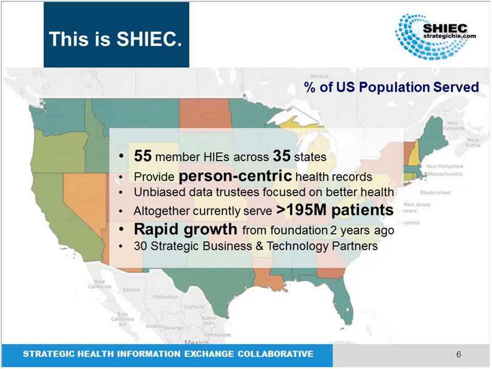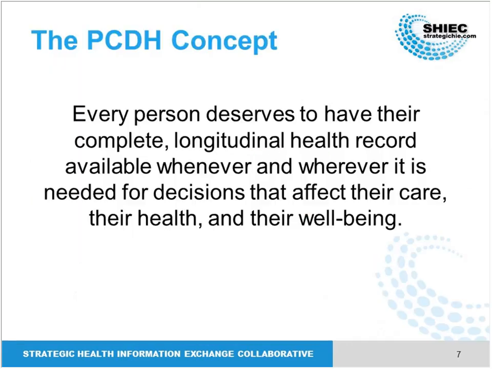And the HIE members today are providing patient records and interoperability services that cover about 195 million patients, which is well over 50% of the population of the United States. Like I mentioned, we're only about 2.5, 3 years old, and we're growing very, very rapidly. So what we try to do is be an unbiased community data trustee of health information for the single community, and so we can bridge and connect healthcare.